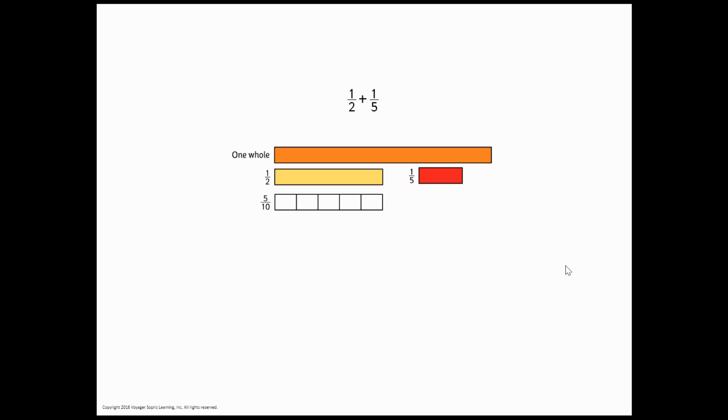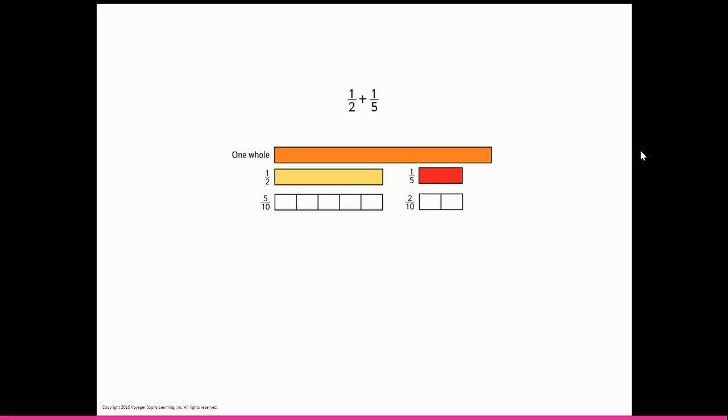We'll use 5 1/10 rods to equal 1/2, and 2 1/10 rods to equal 1/5. If we put the white rods together, we get 5 tenths plus 2 tenths is equal to 7 tenths.